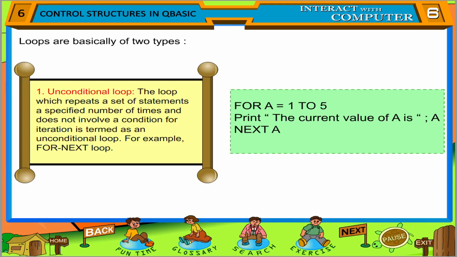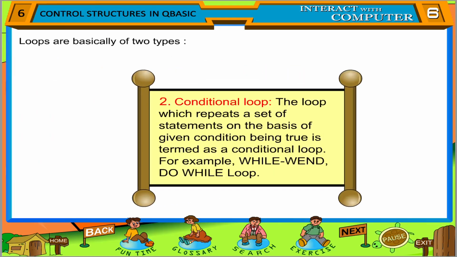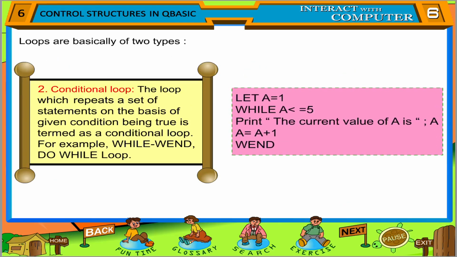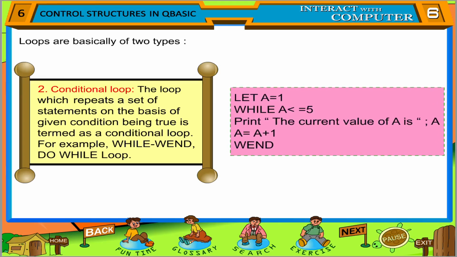For example, the FOR NEXT loop. Conditional loop: the loop which repeats a set of statements on the basis of a given condition being true is termed a conditional loop. For example, the WHILE WEND and DO WHILE loop.